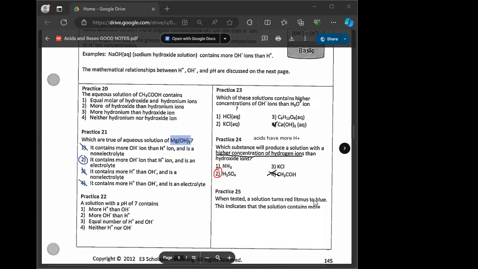Trying to remember. So bases turn blue. So we need to identify a base. Bases turn blue. See.